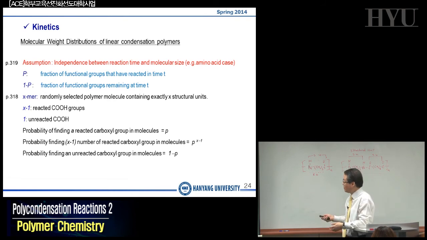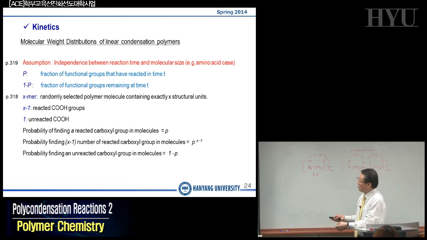Right? P to the X minus 1 means the probability of finding the X minus 1 reacted carboxylic acid groups. 1 minus P means the probability of finding the unreacted carboxylic acid group.